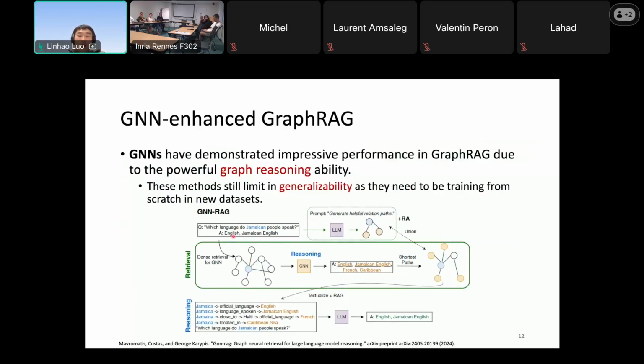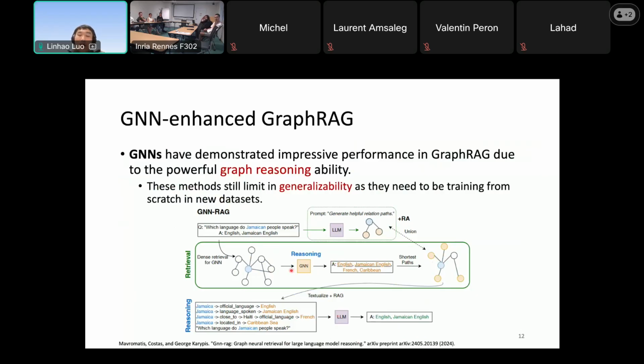Given a user's question, it uses the graph neural network as a reasoner to consider the graph structure to predict some candidate answers. Then these answers, together with some shortest paths from the knowledge graph, are returned to the LLM to help it generate the final answer.